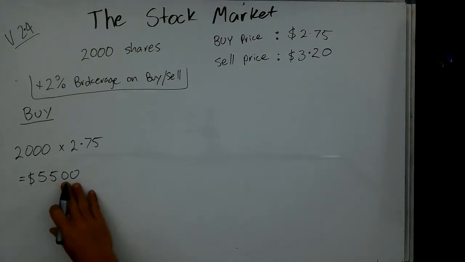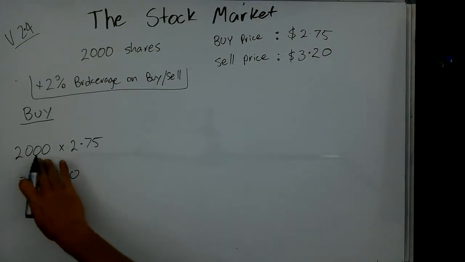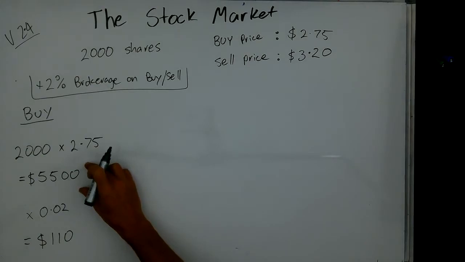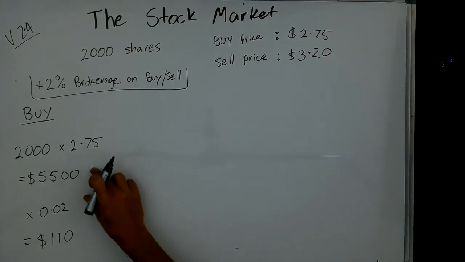So we're just going to work out 2% of this, and that's like just the fee for transferring these to somebody's name for buying them. So we're going to multiply this by 0.02. And so the extra brokerage that we have to pay is $110. So that's what the share costs. That was the fee that had to be paid to get them.